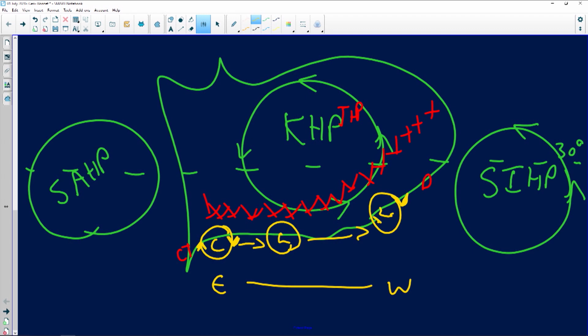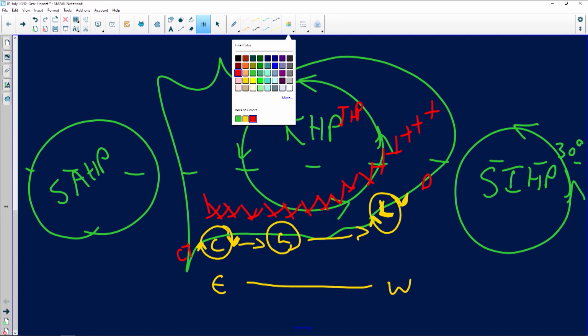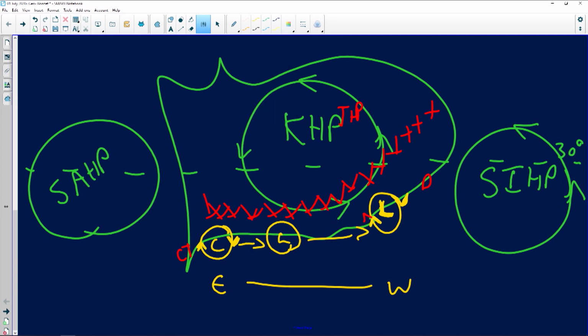Because of this clockwise circulation of our coastal low pressure, we experience different types of flow. First of all, because of the clockwise circulation, I just want to make a little A over here. What flow will be experienced where A is? Onshore flow.